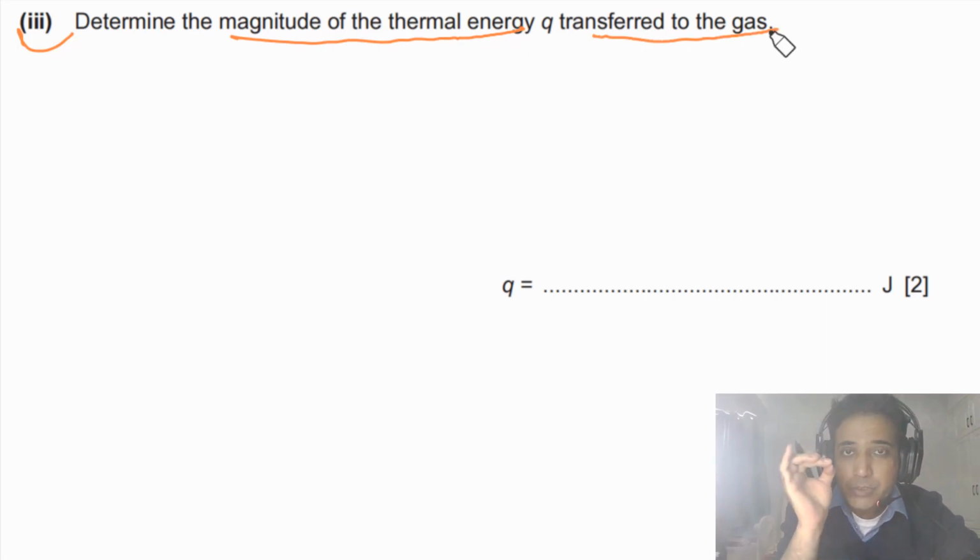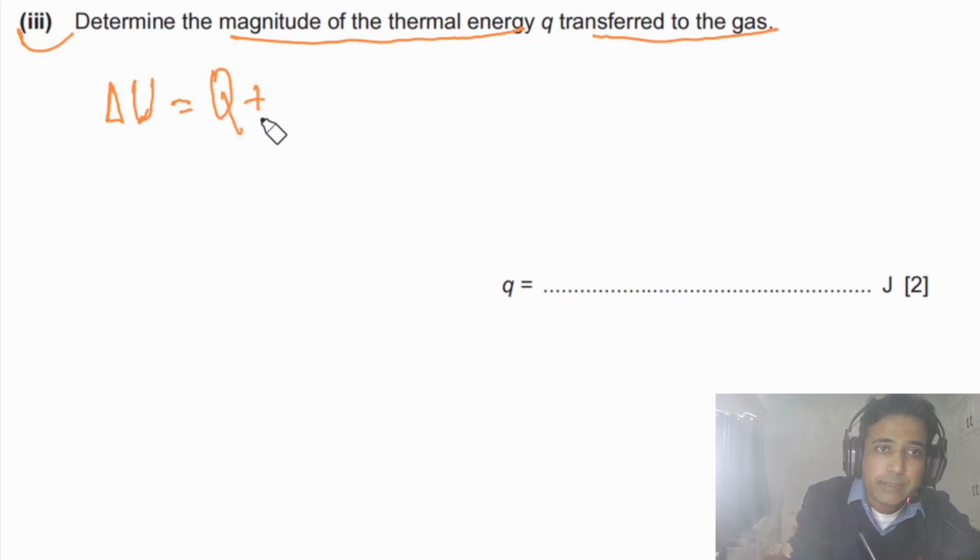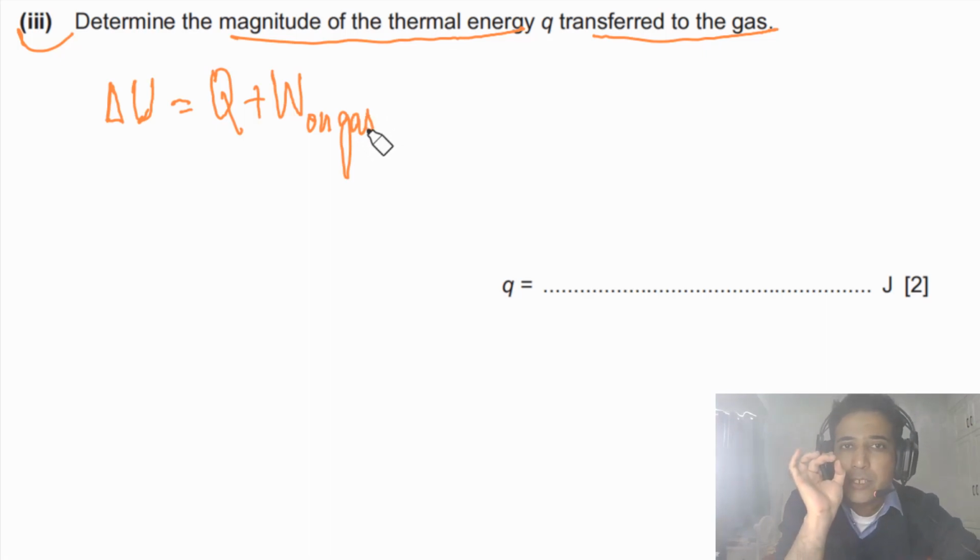This is a typical question about the first law of thermodynamics. So simply we can say delta U is equal to Q plus W, where W is the work done on gas. Now let me explain a little bit about this equation.